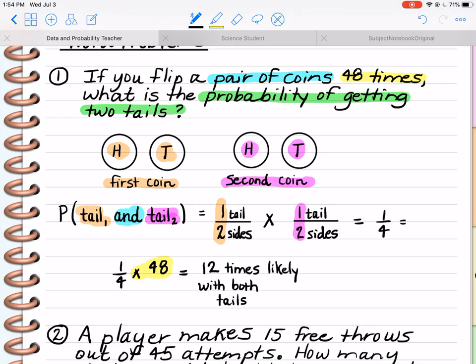If you go ahead and do 1 divided by 4, you get 25, and that would be 25%. And then if you go ahead and multiply that, you're going to get a likelihood of 12.